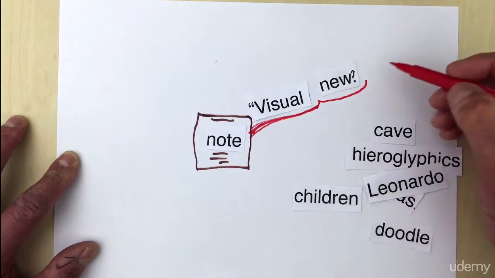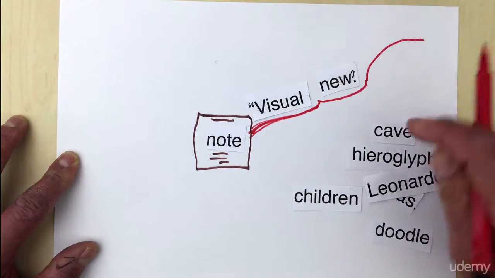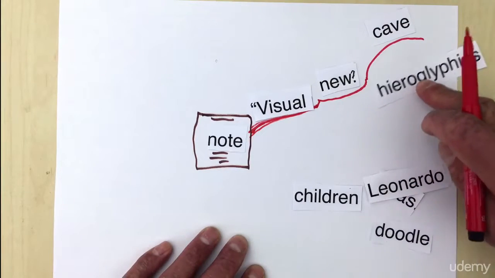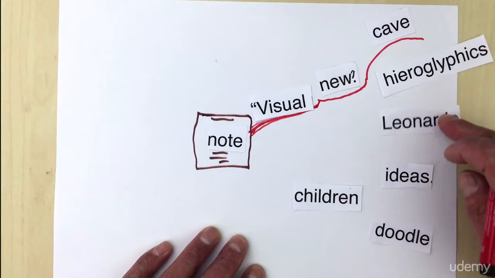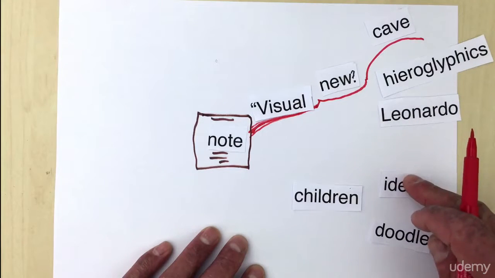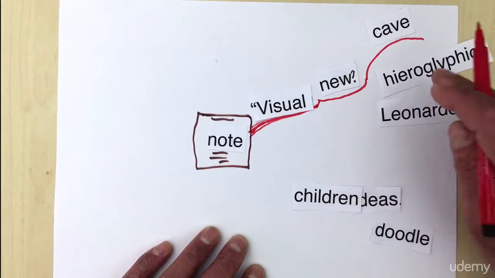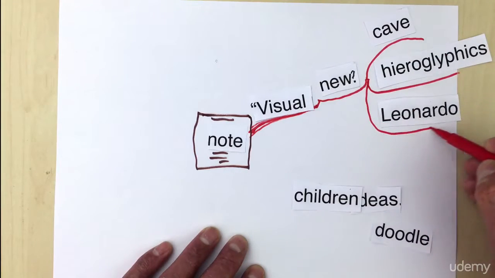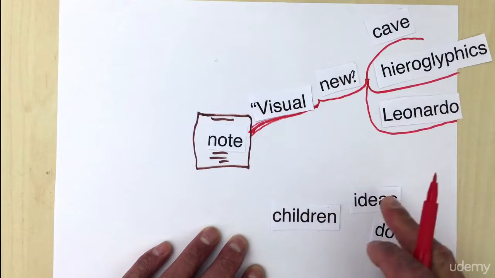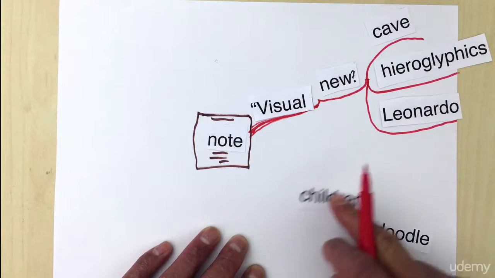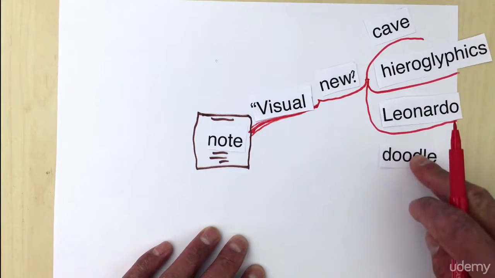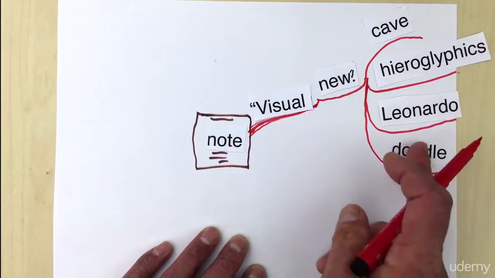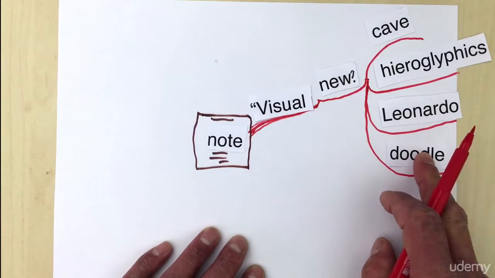And the answer is, we've got the example of cave paintings, hieroglyphics, Leonardo. And I'm going to get rid of children and ideas because doodle, we said children and adults, so that's everyone.